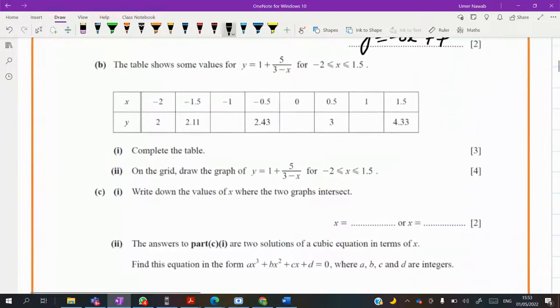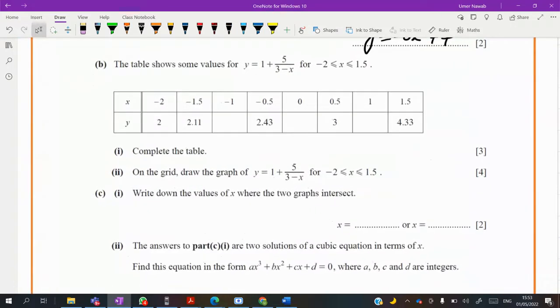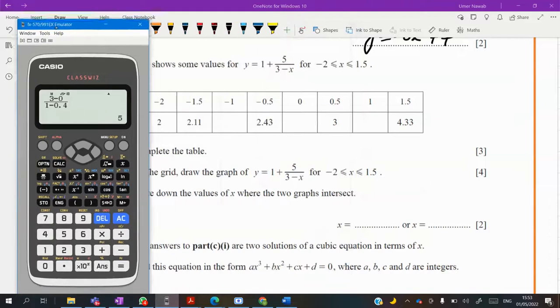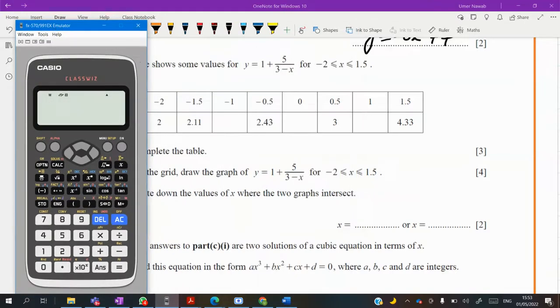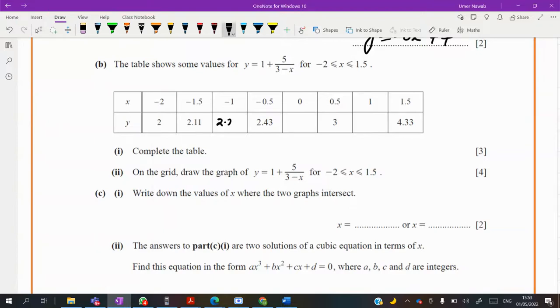Second question, he gave you a table like the first question. For the table, guys, we always use calculators, in computing mode, 1 plus 5 over 3 minus, in the place of x you leave a bracket open and close, and now in the place of the bracket you will write first of all -1 and get your answer, which gives you 2.25. So I'm going to write here 2.25.